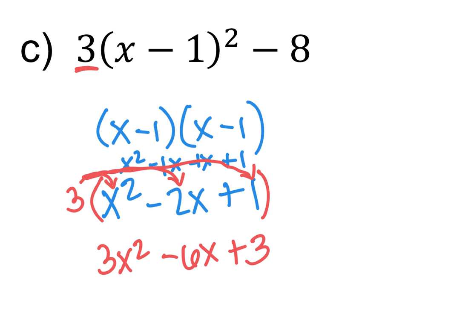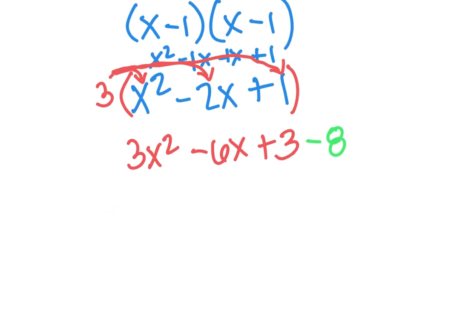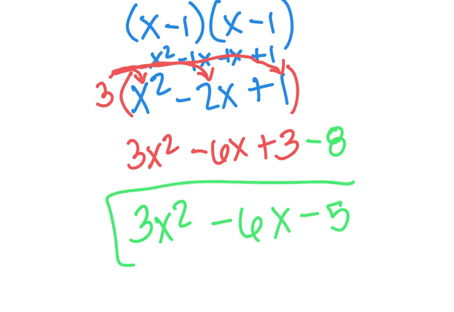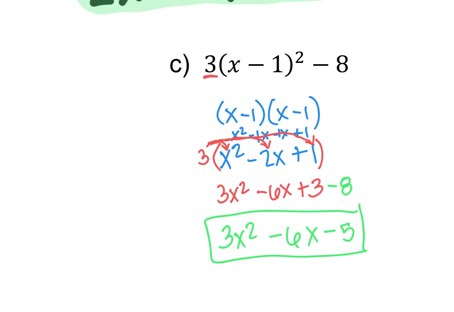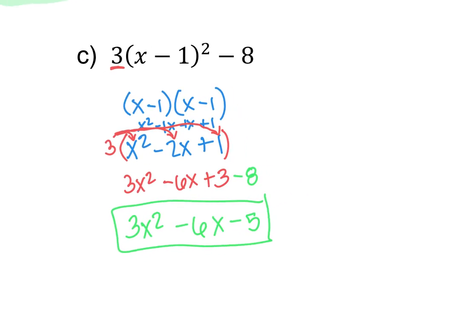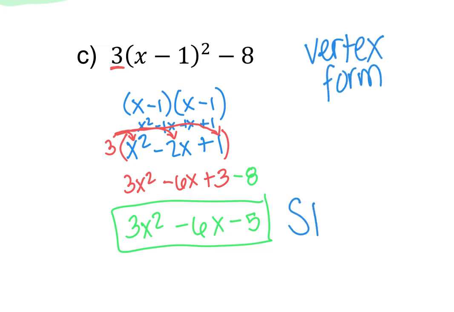All right, so that's our second step. What is the third step? Add the k value. Right. So now we end up with 3x squared minus 6x minus 5. By the way, let's write this down again. Again, this is going from vertex form to standard form.